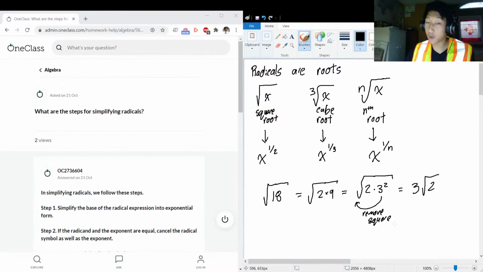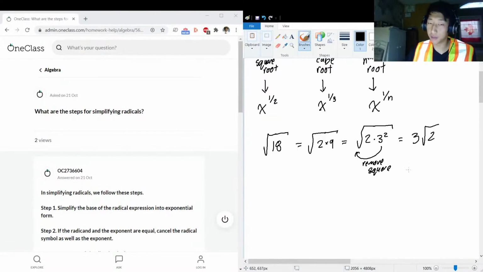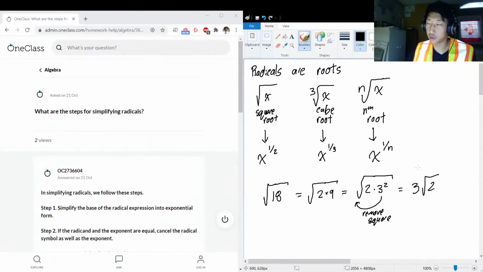Now of course if this was a 3rd root or an nth root, we would do something different. Instead, we'd be looking for cubes inside. So maybe an example of that is, I'm trying to think of a nice cubey number. 54. Let's say that's the cube root.